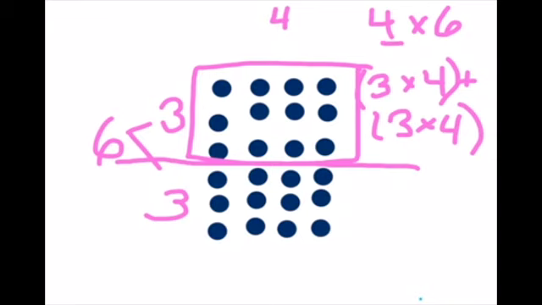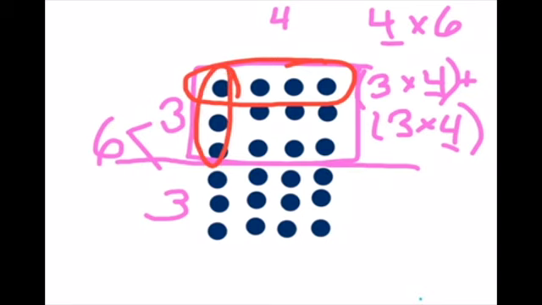My 4 is staying the same in each problem because we still have 4 in each row, but our columns are different, or the number of rows, right? So we had split our 6 into a 3 and a 3, and there's our 3 and there's our 3. What would be 3 times 4?